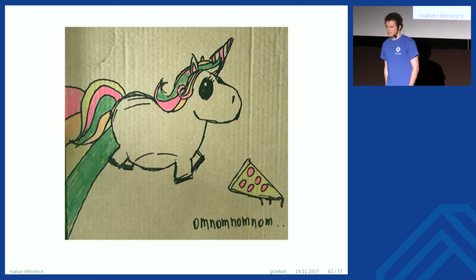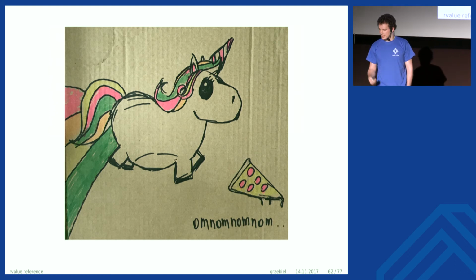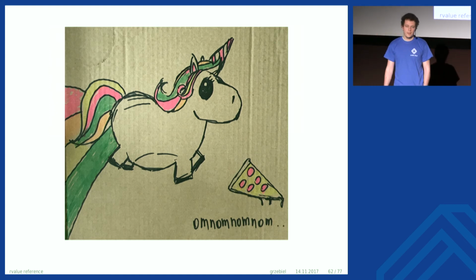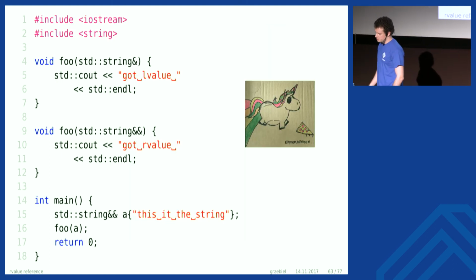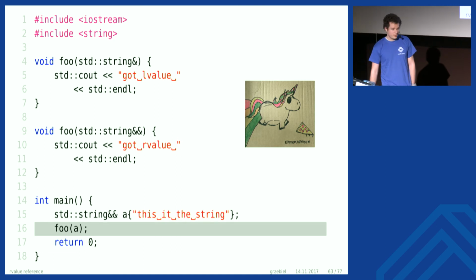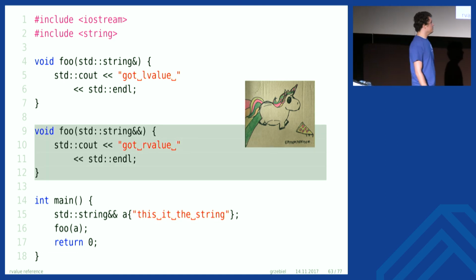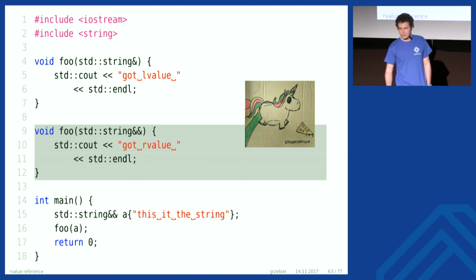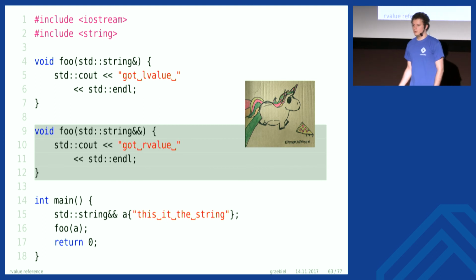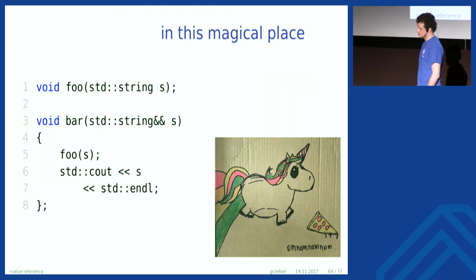So again, a special place with unicorns and pizza, and the same rule applies here: when there is a unicorn in the presentation, then there is a special place. So in this special place, when we call a function foo, the R-value reference overload will be called. And everyone is happy and the feature works according to intuition.